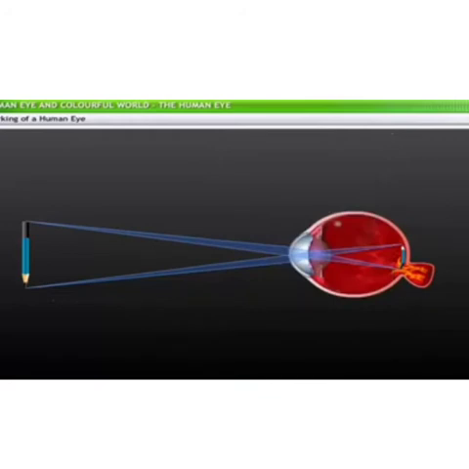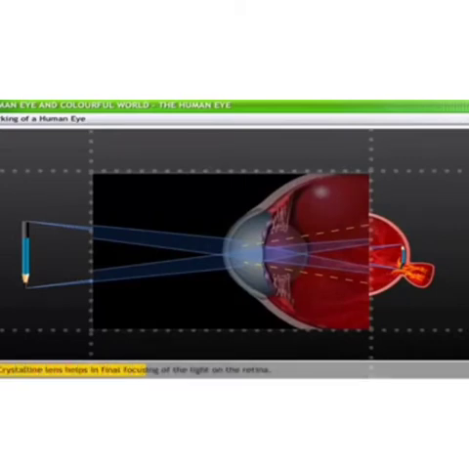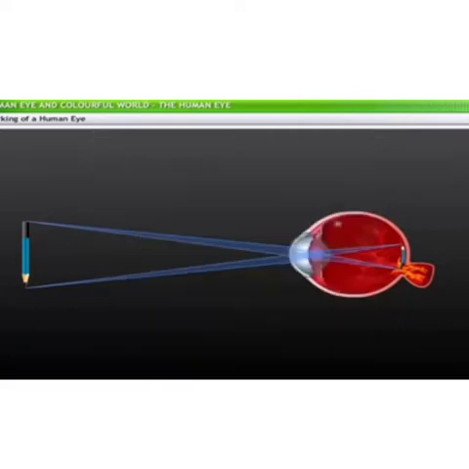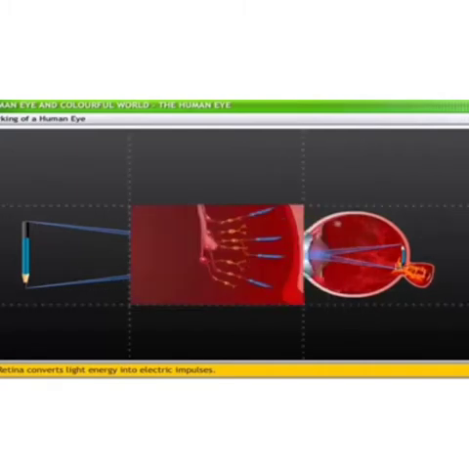The crystalline lens, being biconvex in nature, refracts the light rays it receives. It helps in final focusing of the light on the retina to form a real image. The retina converts the light energy of the image into electrical impulses, using light-sensitive nerve cells called rods and cones.